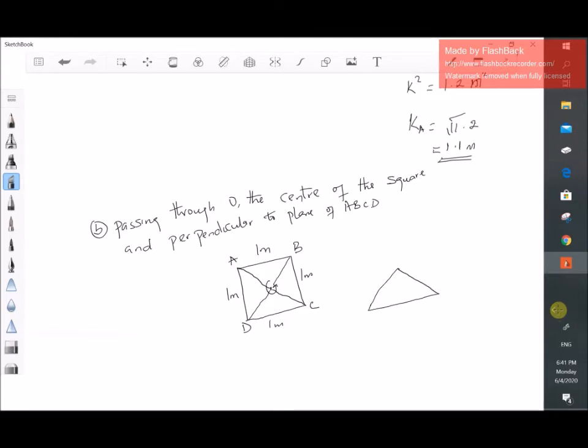Alright, this is point D, point C, and this is the center O. Now, as you all know, we're looking for this distance, so I can cut it off.